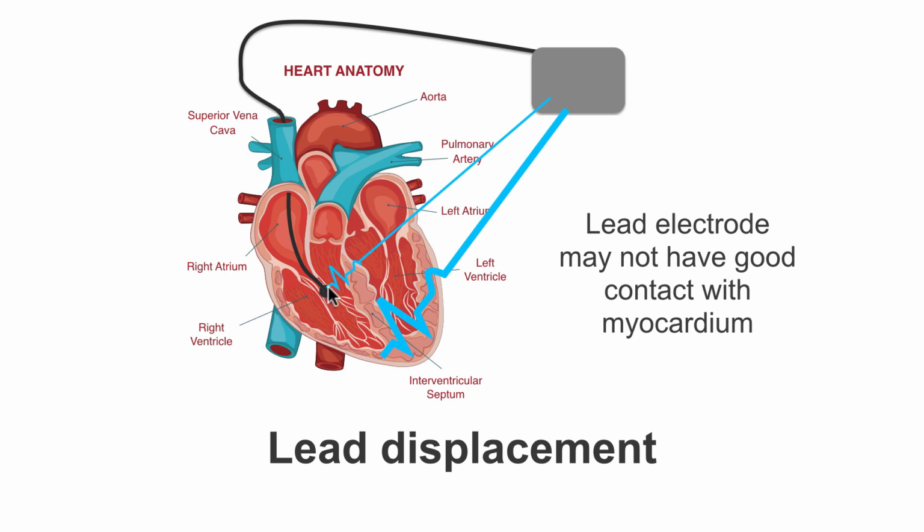So, the lead is displaced and the electrode is no longer in direct contact with the myocardium. This makes it much more difficult for the pacemaker to sense the depolarization of that tissue. The signal becomes much quieter and much smaller, so the pacemaker will not recognize this signal as a ventricular depolarization.